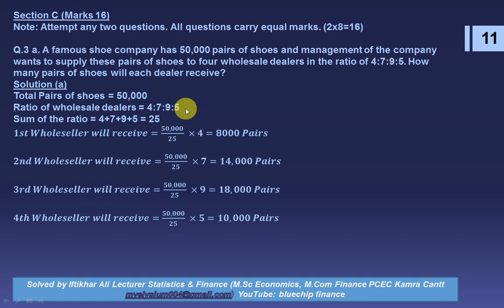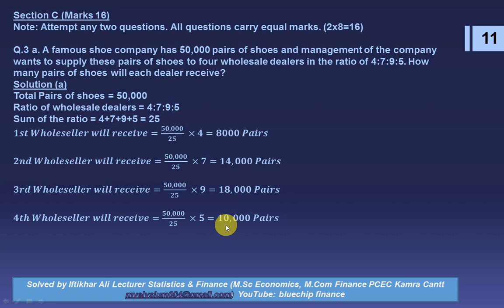Just take the sum of that ratio, that will be equal to 25, and simply divide the total pairs of shoes by the total sum of the ratio, and one by one multiply the result, first with 4, second with 7, third with 9 and fourth with 5. So first wholesaler will receive 8,000 pairs, second wholesaler will receive 14,000, third wholesaler will receive 18,000 and fourth one will receive 10,000 pairs.